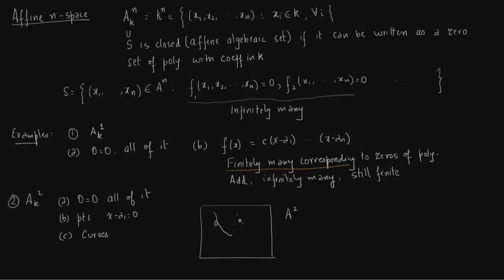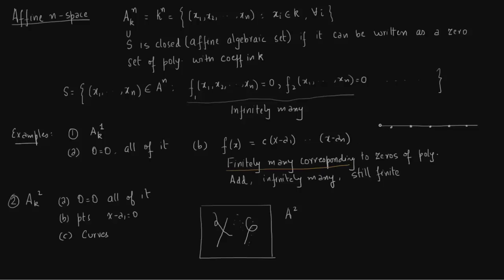This is a curve, a set of points, and then I draw another curve, and another curve. So I've drawn three curves here and a set of points to show that these are the closed sets of A2. Similarly, I draw a finite number of points for the affine line.